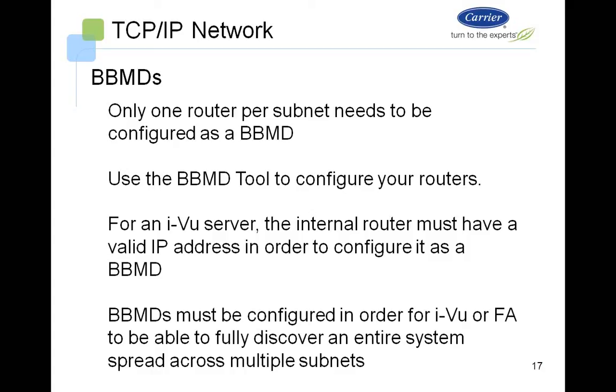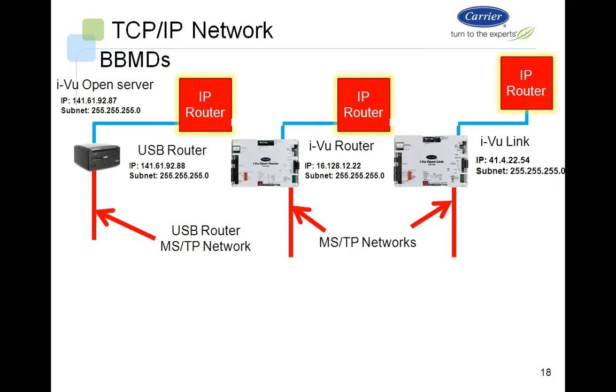So in looking at BBMDs, if we have a network similar to this where we have the iView open server on an IP network with an address of 141.6192.87 with a 255.255.255.0 subnet mask, and this has the USB open dongle on it, so we have an MSTP network underneath that open server, and then we have another network router with an open router underneath it.